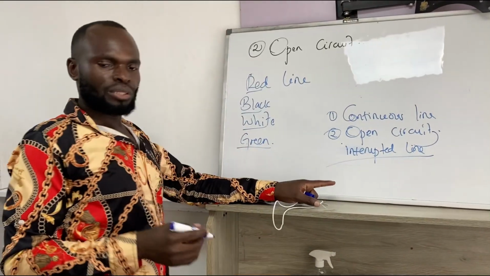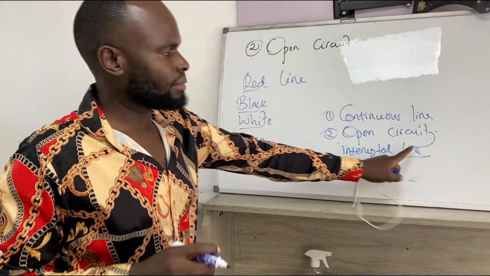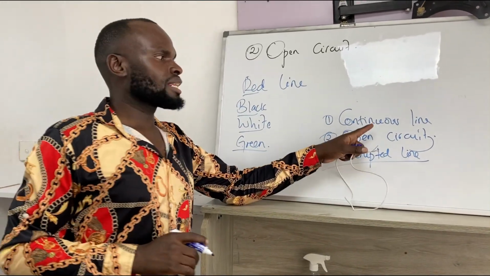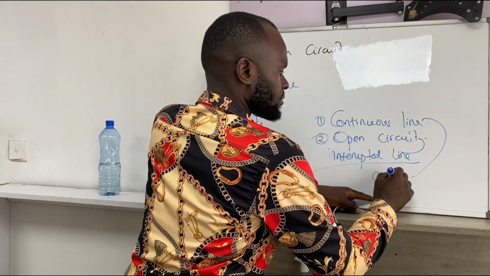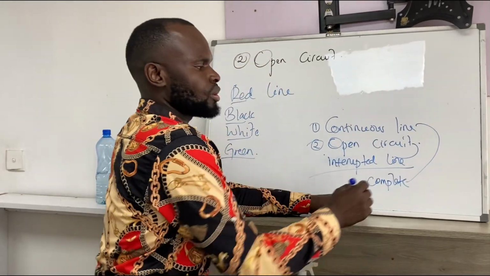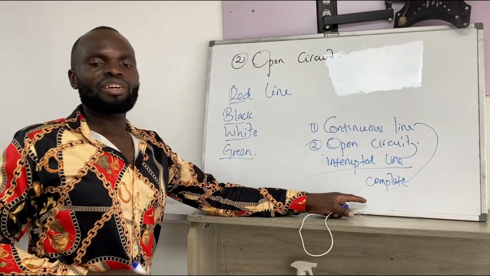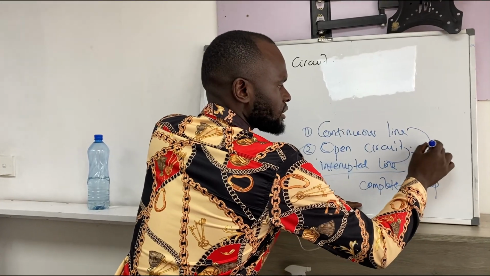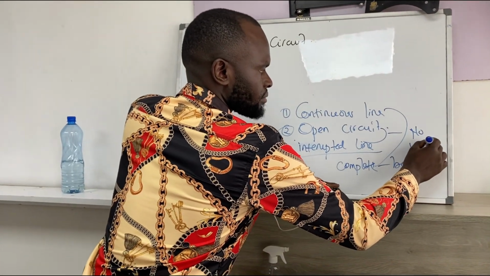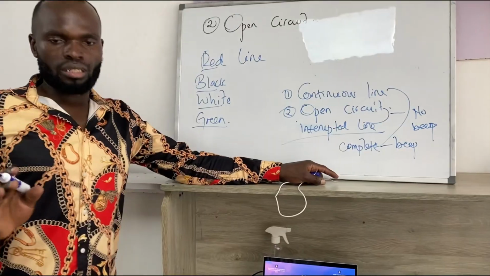It has some interruption in between, okay? An interrupted line, an open circuit. A continuous line is a complete circuit. Complete. Okay? So you're getting a beep. So here you get a beep. Here you get, no? We're okay up to that point.